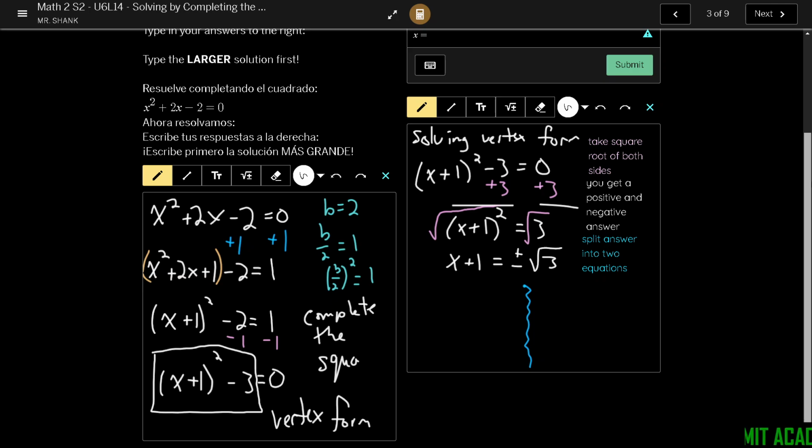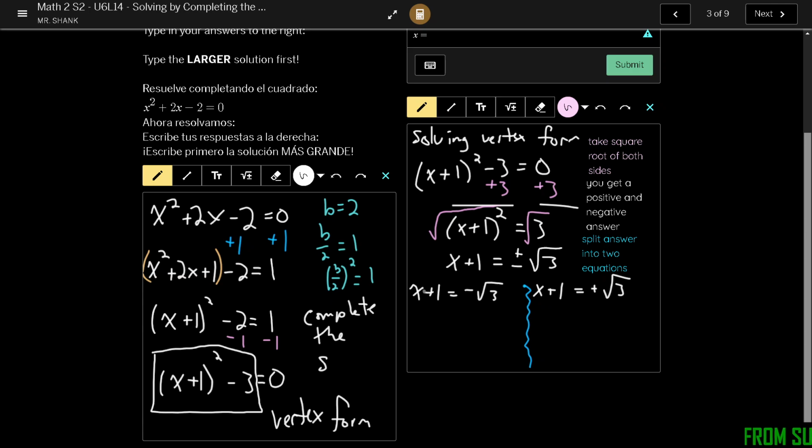We're going to say x plus 1 equals negative square root of 3, and on my other side, x plus 1 equals positive square root of 3. So I need to have two different answers here. Even though this looks almost identical, the main difference is those two signs. So this is how we get our two answers.